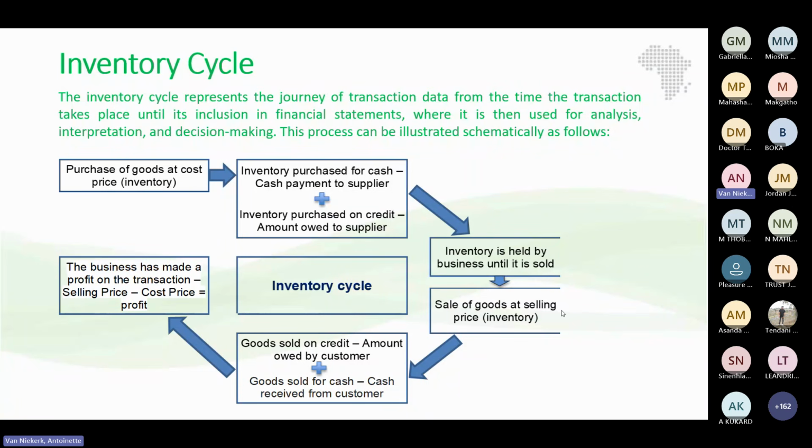But in order to sell them, you probably want to make profit, don't you agree? So of course, you can add your gross profit percentage, which is let's say 15% or 10%, and then you will have your selling price, the price that you are selling your inventory or goods for.